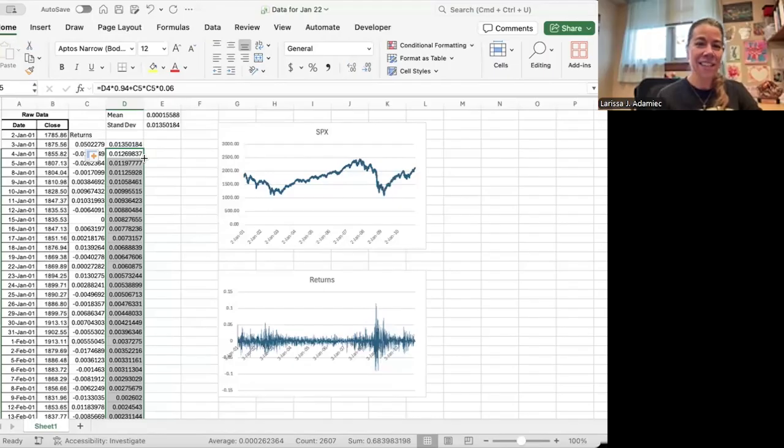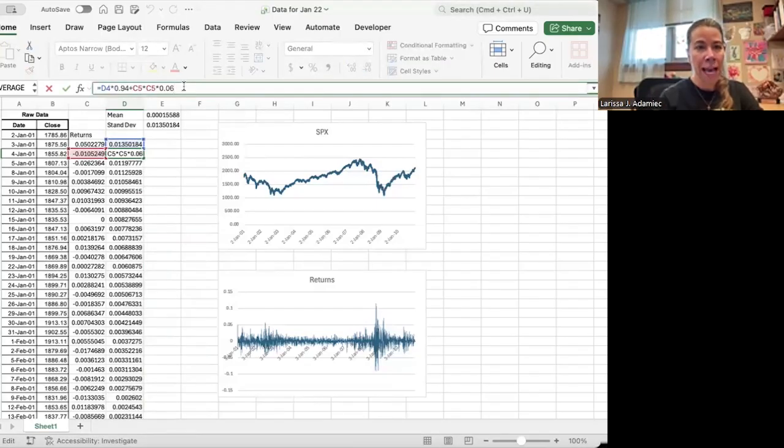Excellent. And so now we can go ahead and calculate. Again, this is just the conditional, and it's conditioned on yesterday's activity in the market and then today's returns. So the look back period is actually very small.